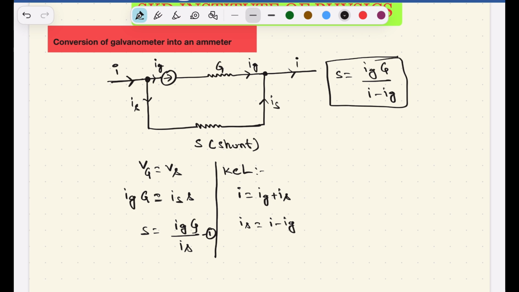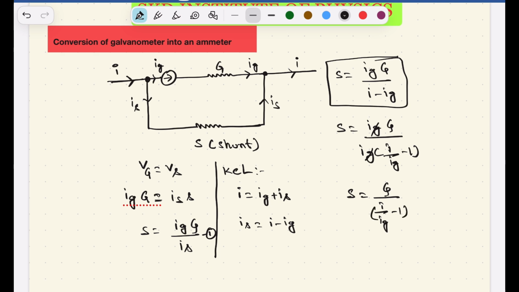Okay, we can simplify this formula by taking Ig as common. S is equal to Ig into G divided by, if we take Ig as common, I by Ig minus 1. Ig gets cancelled, then S is equal to capital G divided by I by Ig minus 1.